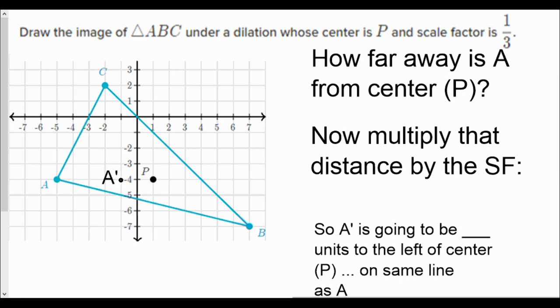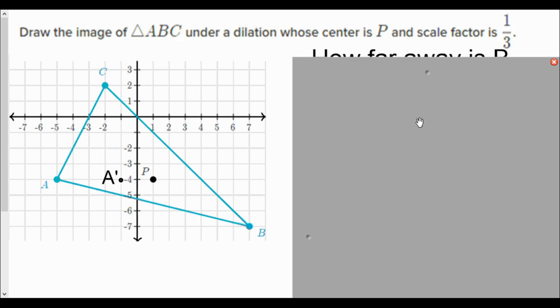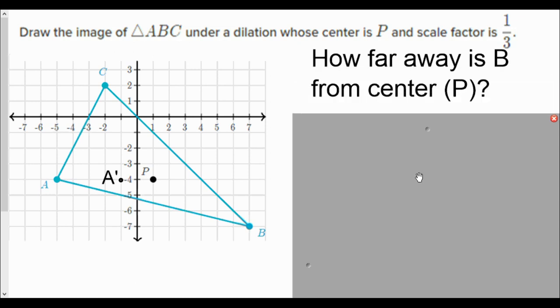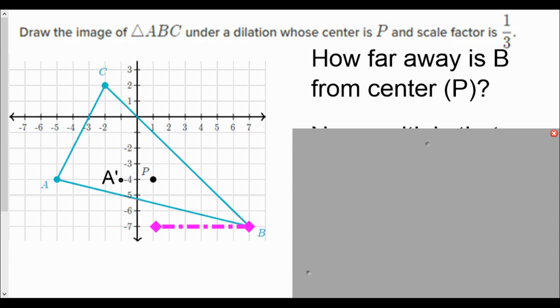Okay. So taking a look at this, I think I'm going to do B next. How far away is B from center P? Now this one, it's not on the same level as P, so we can't draw a diagonal line. So how far is it to the right of it? Well, you can see that pink line. We'll be able to count those up.